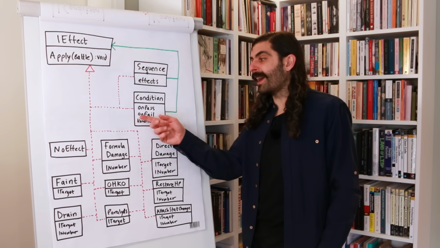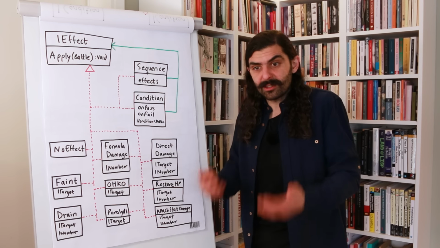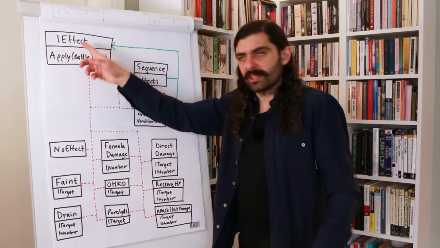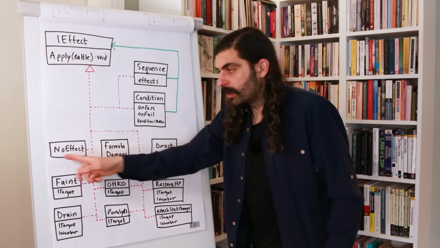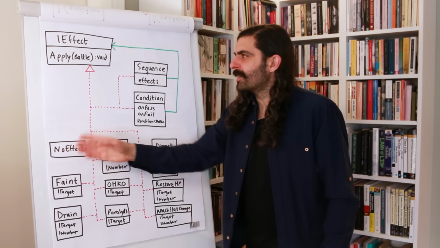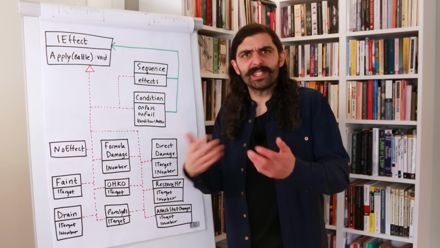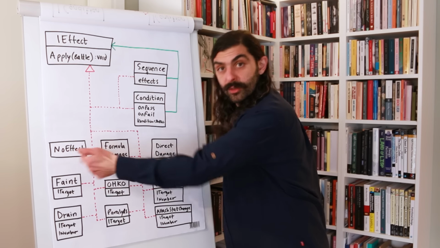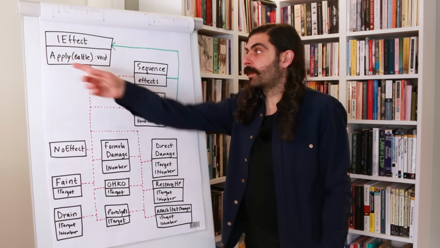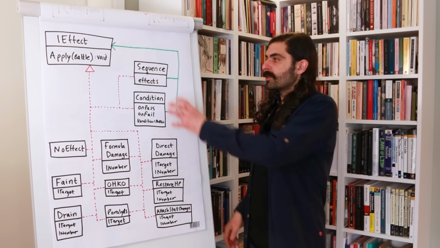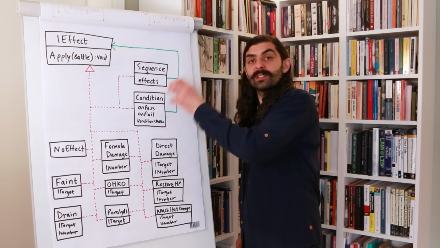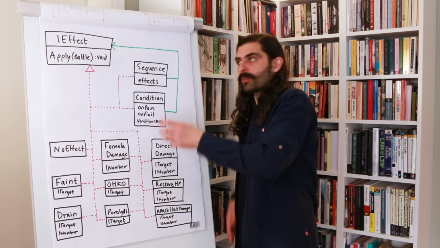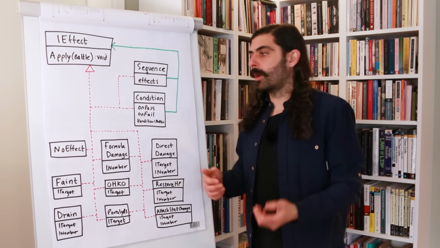So then the default value for onFail would be an instance of NoEffect. It would be a subtype of IEffect that's called NoEffect. You can find it here, right? And this is essentially the null object pattern. So instead of passing around null, we would pass around a NoEffect that simply has no effect when we're trying to apply it to a battle. Okay, so those are the two combinators, sequence and condition, right? They're ways of combining different effects to make more complex effects.